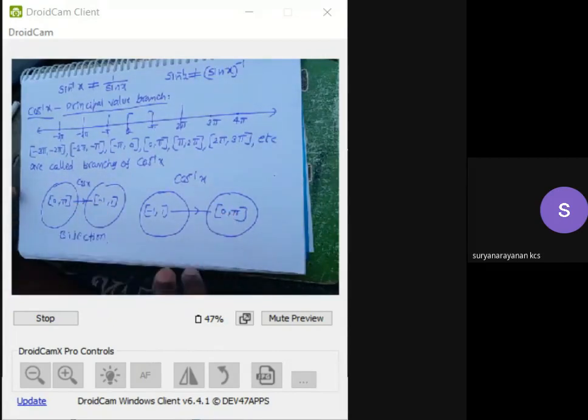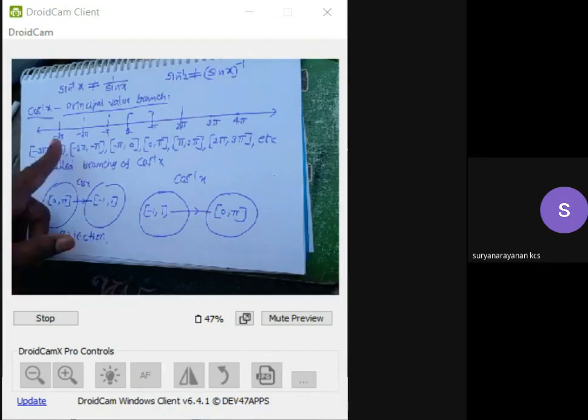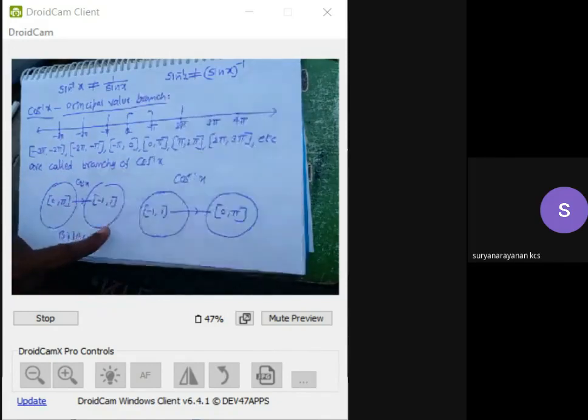Understood this point, my children? Same as in the case of sin x, we are dividing the entire real numbers into different intervals. These intervals are said to be branches of cos inverse x.